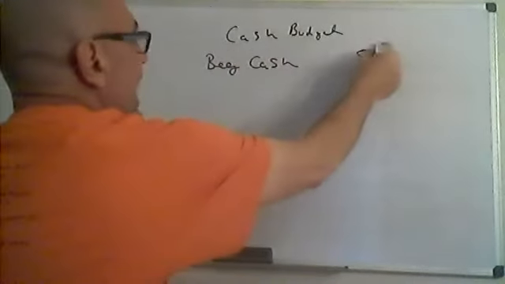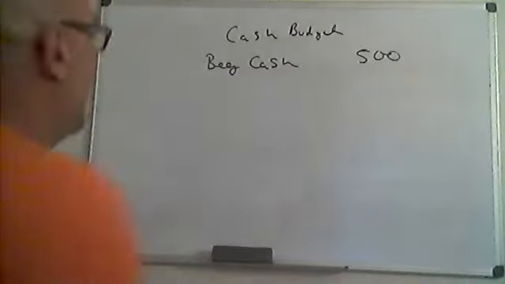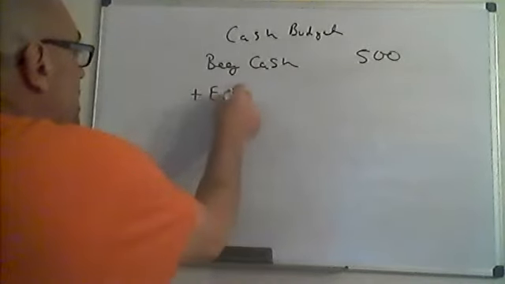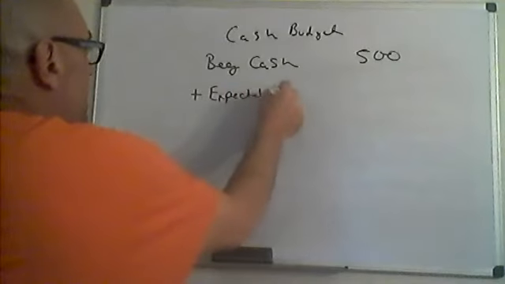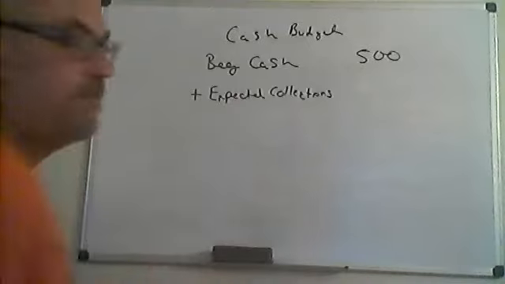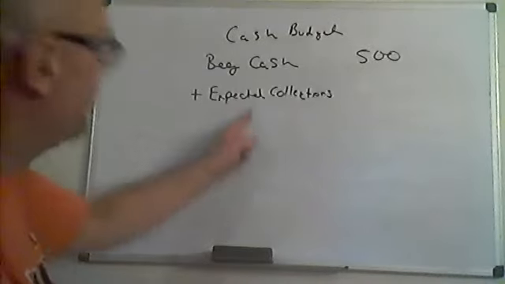But to make a cash budget, you're going to have your beginning cash. So say we have 500 beginning cash, plus expected collections. And then you would list all those out.